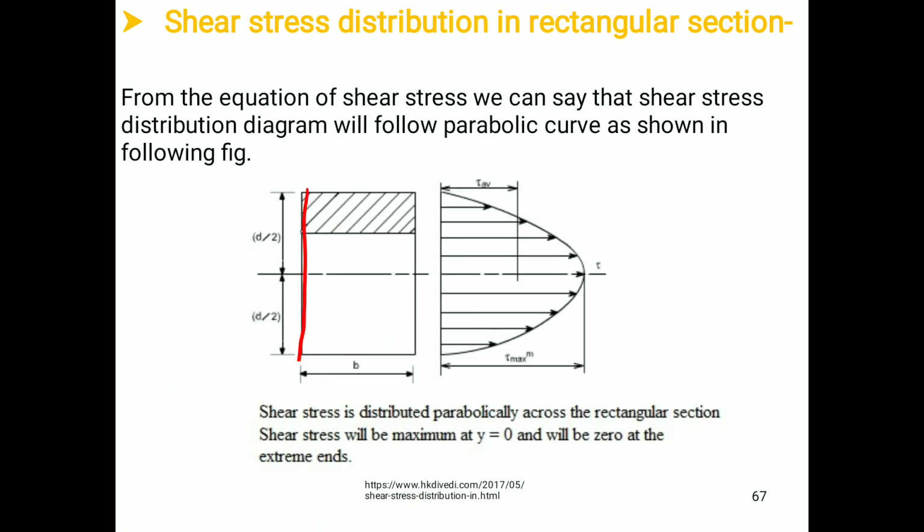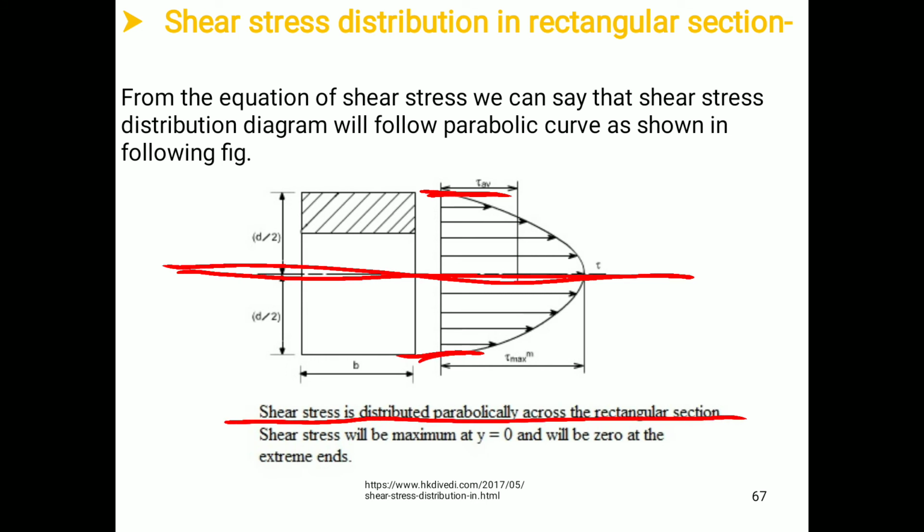Therefore for the rectangular section we have shear stress variation in a parabolic manner, with maximum shear stress at the neutral axis when y is equal to 0, and minimum shear stress at the extreme fiber, that is when y is equal to d by 2. You can concentrate on this statement also: shear stress distribution is parabolic across the rectangular section. Shear stress will be maximum at y equal to 0 and will be 0 at the extreme end, that is when y is equal to d by 2.